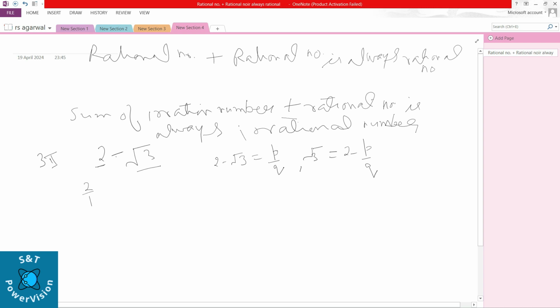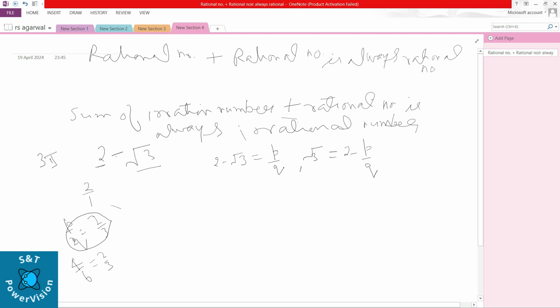For example, 2 by 3 cannot be divided further. If we say 4 by 6, it can be divided down to 2 by 3. So p by q is in a form like 2 by 3 or 3 by 4 or 5 by 7, which cannot be divided further.